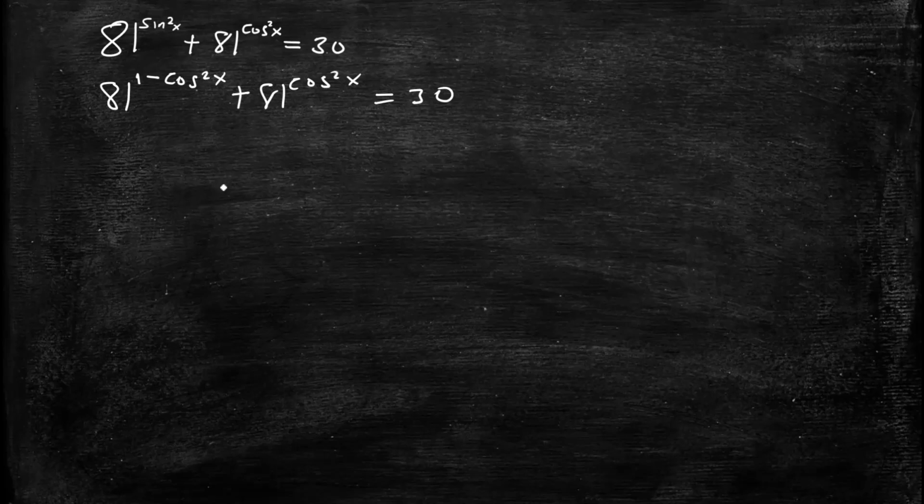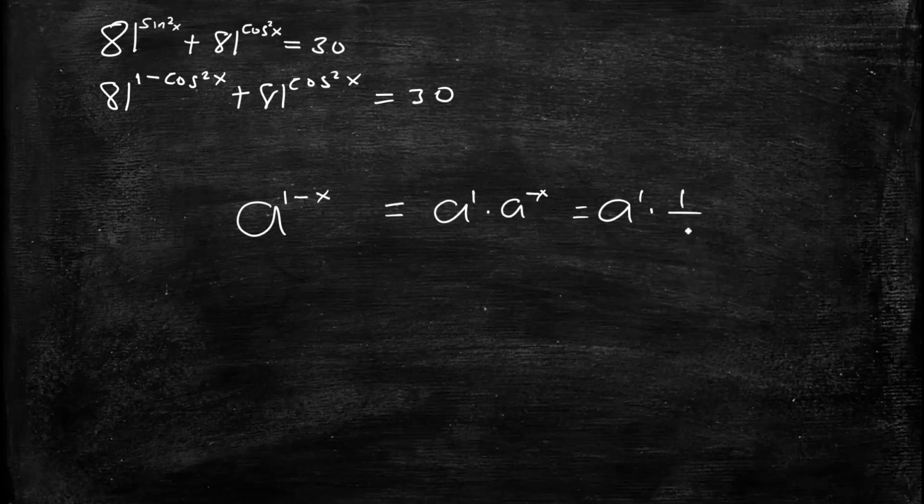Now in case we are given a raised to 1 minus x, it is the same as a raised to 1 times a raised to minus x, whereby this one will be a raised to 1 times 1 over a raised to x.